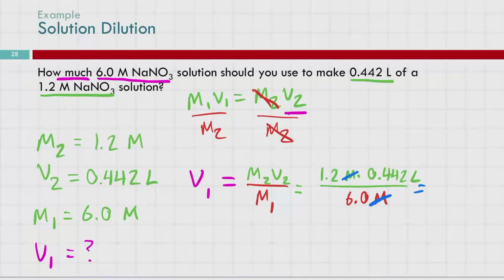So 1.2 times 0.442 divided by 6. We get a value of 0.088 liters of 6 molar sodium nitrate.